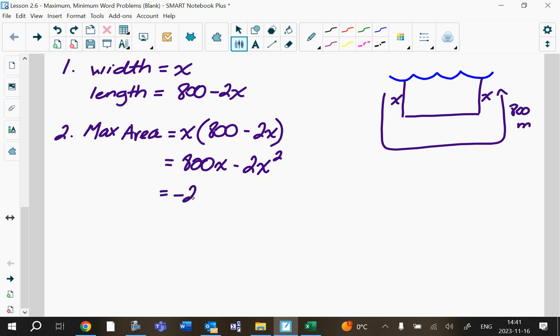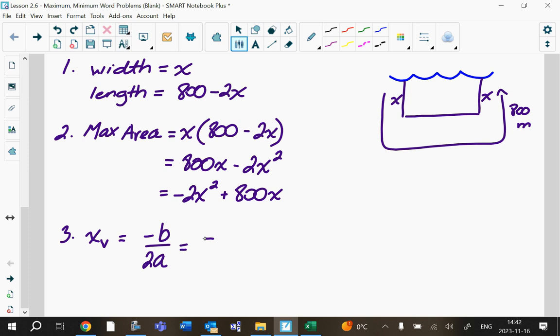So let's just rearrange it. Now you're ready to find x at the maximum, or the vertex. Remember, it's negative b over 2a. So what's b in our quadratic function?